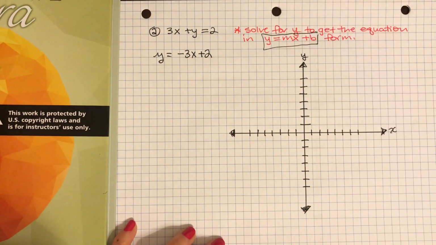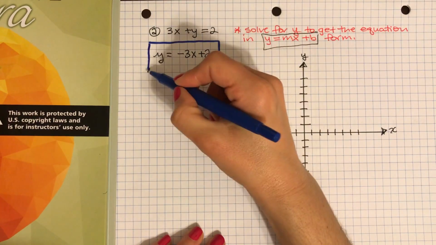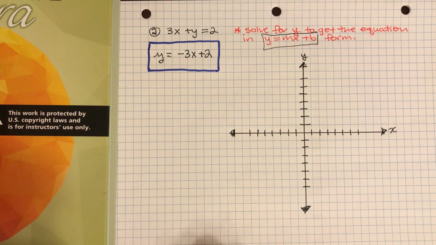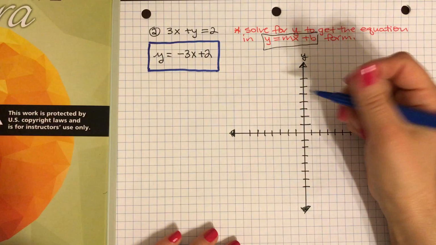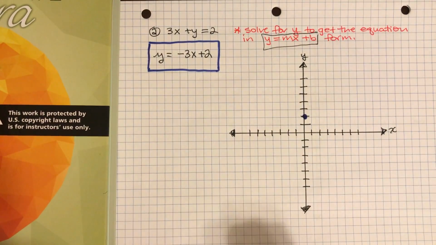So now our equation is in the correct form. We're going to focus on this equation when we graph. Let's identify the y-intercept. That's going to be 2. So that's going to go on the y-axis. That's the first step.